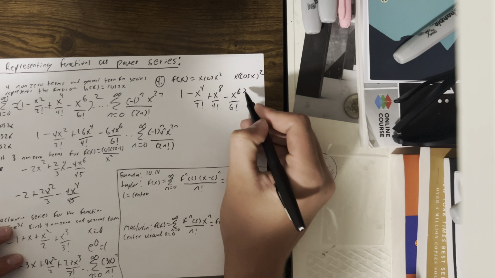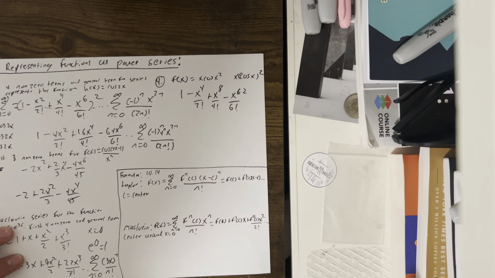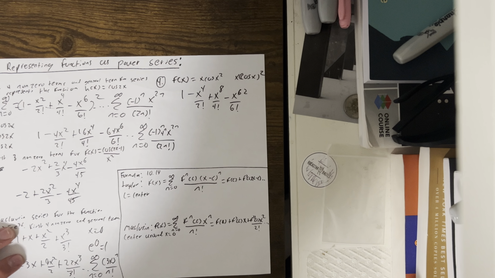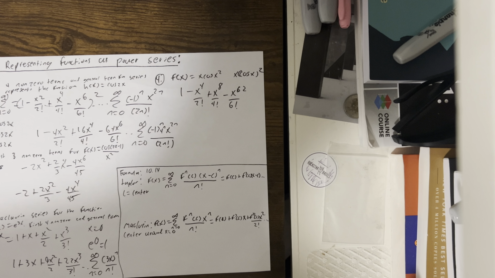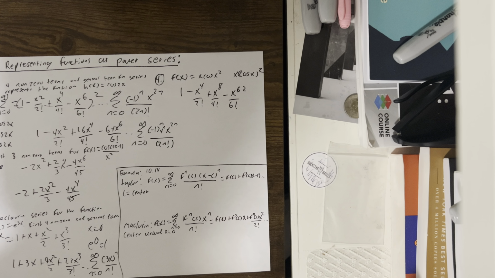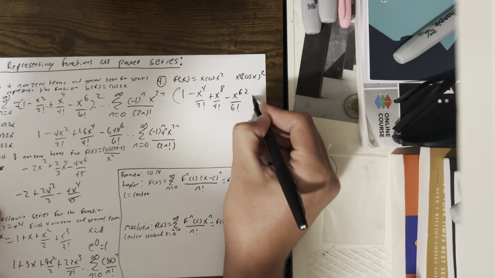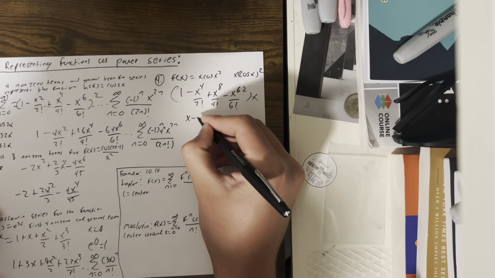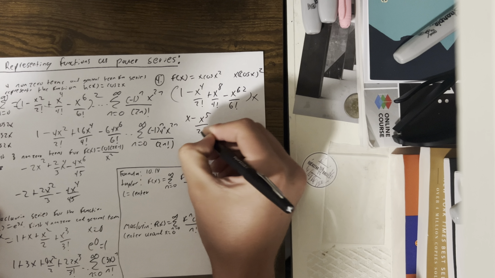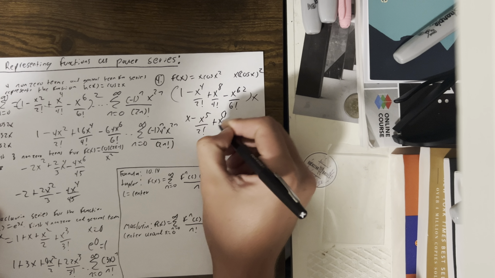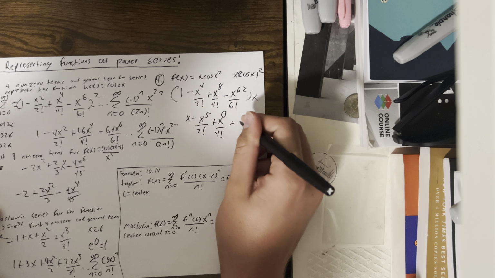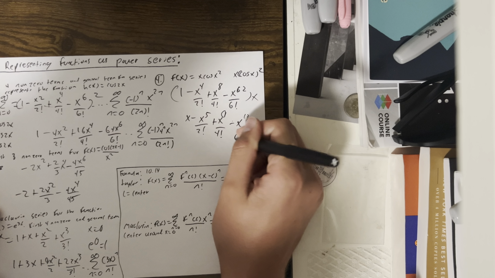That's a 12, it's supposed to be a 12, because you're just multiplying by 2 since you're squaring the x in the cosine term. And then you also have to multiply this by x. So it'll be x minus x to the 5th over 2 factorial plus x to the 9th over 4 factorial minus x to the 13th over 6 factorial.